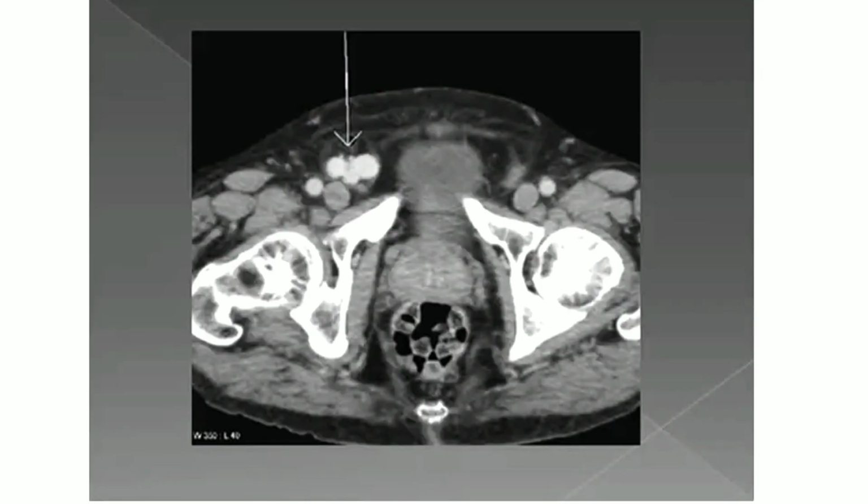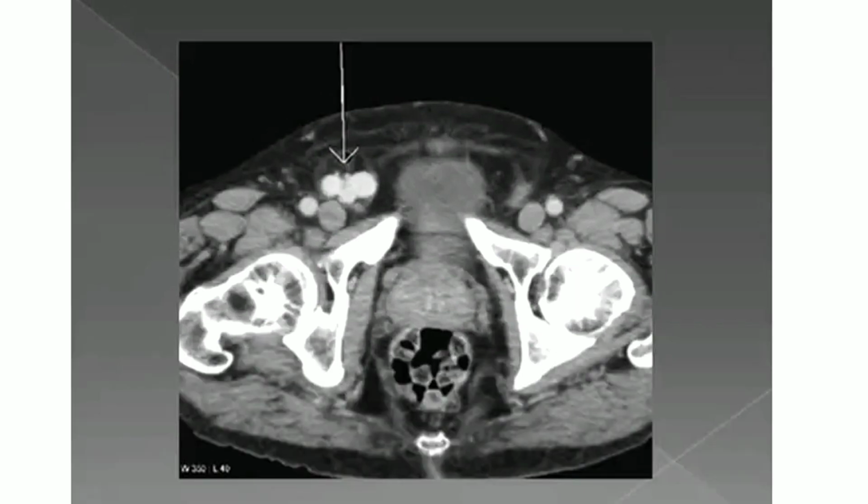This is the contrast CT at the level of bilateral femoral heads in the pelvic region, which shows a well-defined rounded hyper-enhancing lesion with a surrounding hyperintense rim at the level of the inguinal region, just medial to the common femoral artery and vein, and it is most likely inguinal hernia.